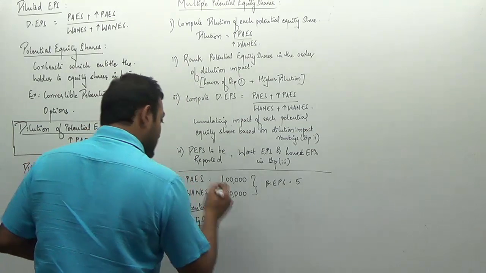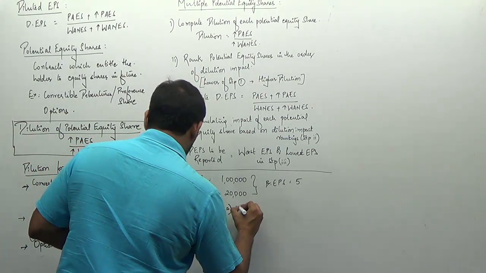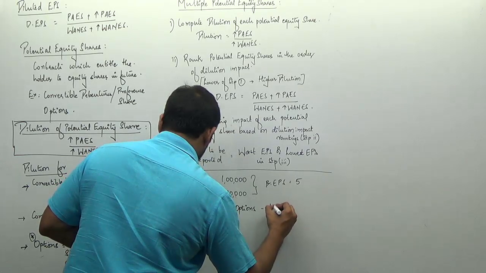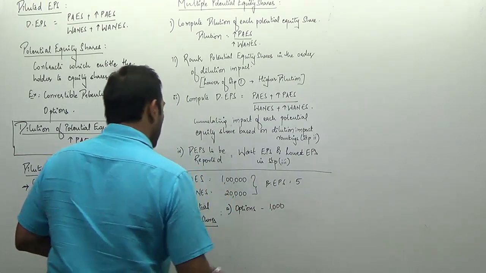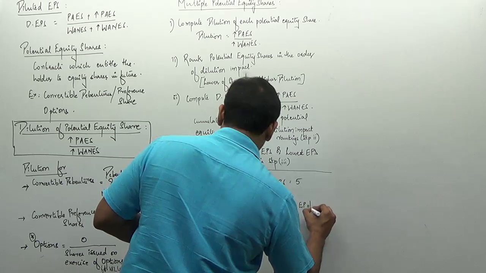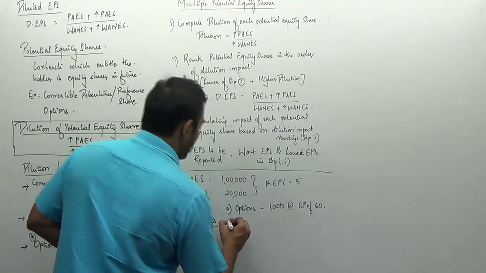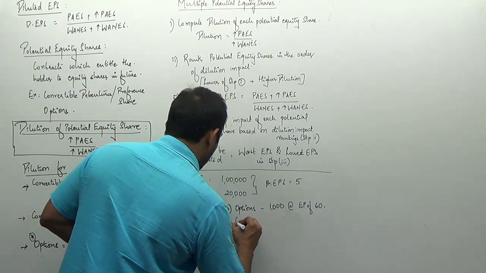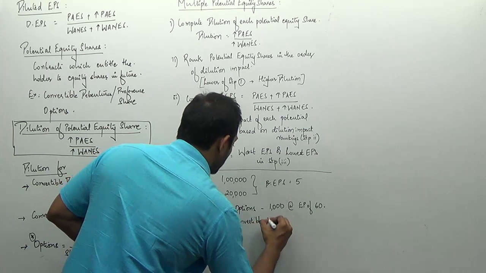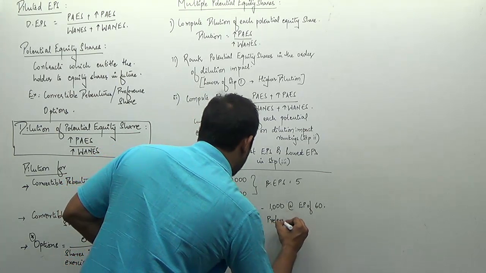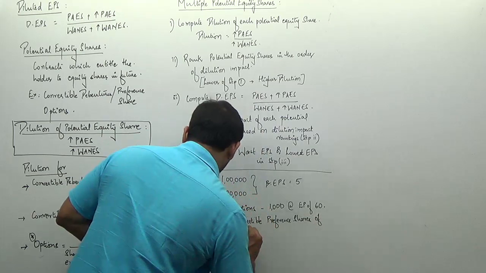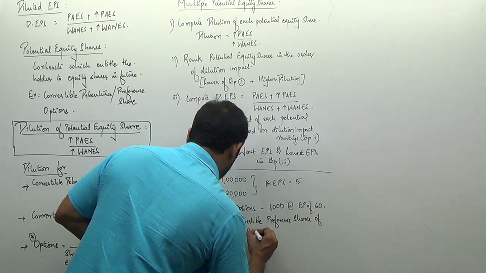Giving your details of potential equity shares, first I have options. My number of options are 1000 at an exercise price of 60. Second, I have convertible preference shares of rupees 8 lakhs.